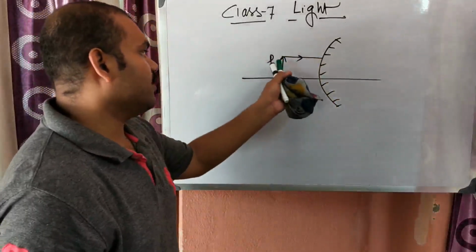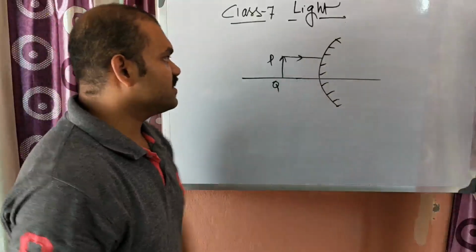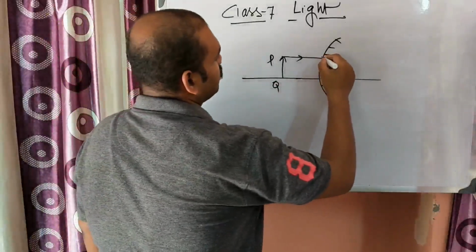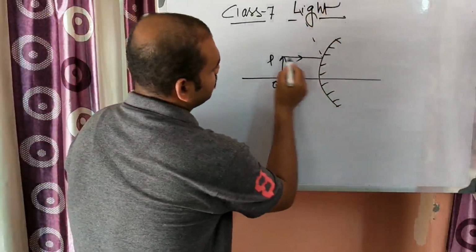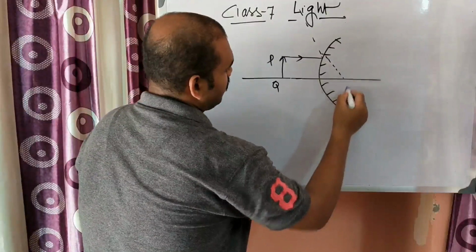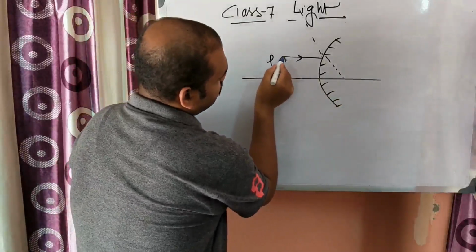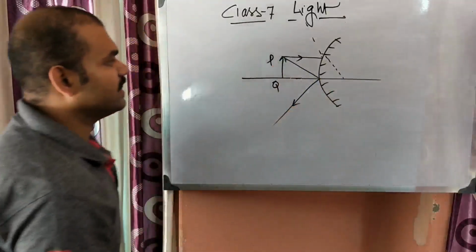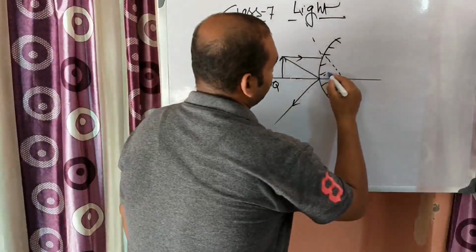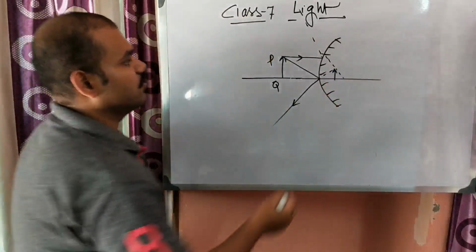A ray which is coming from P, parallel to the principal axis, after reflection will go like this, and it appears to diverge from this point. Another ray coming like this goes like this. If these two lines are extended and cut, they produce an image over here.